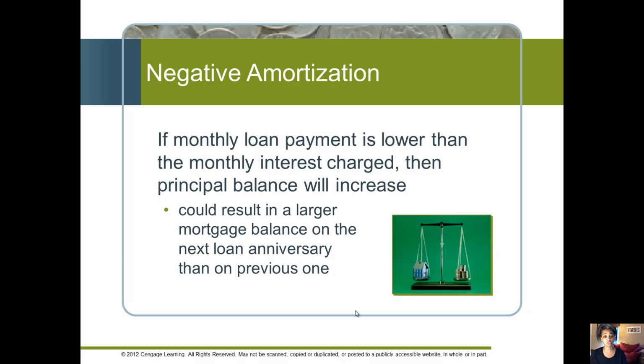But if you've got an adjustable mortgage where the interest rate is increasing, and you've got a payment cap, it may be that the maximum payment you can pay only covers the interest, or maybe the maximum interest allowable. And so in that case, none of your payment is going towards principal, and that's how you end up with negative amortization.